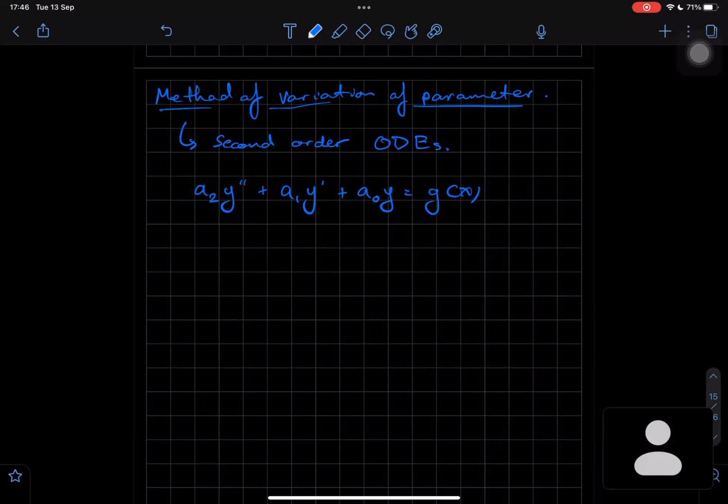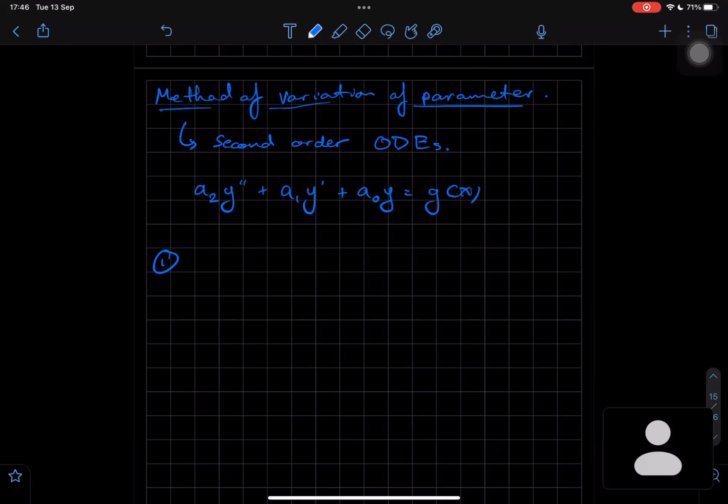Okay, so it's in this form, right? The first step is that you divide by A2 to all of them.